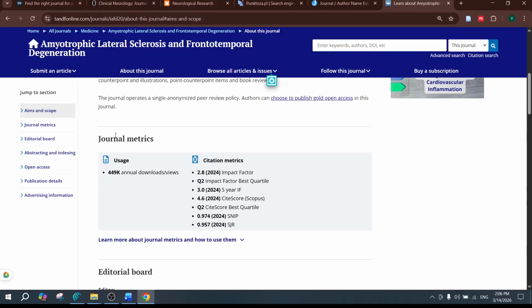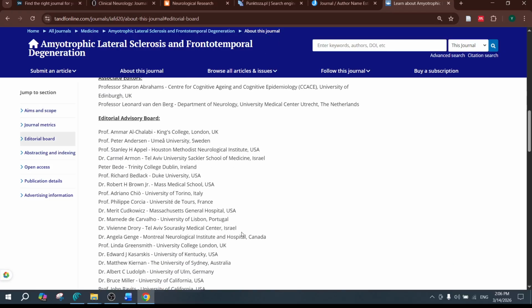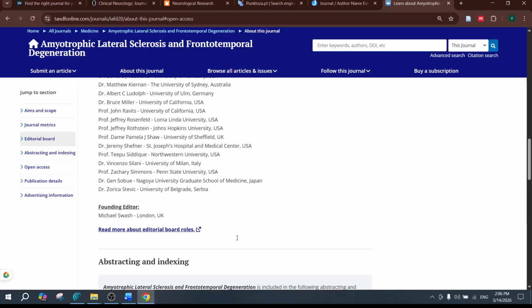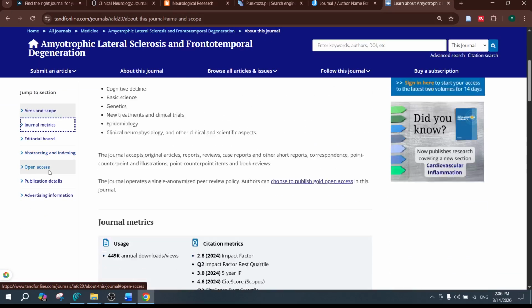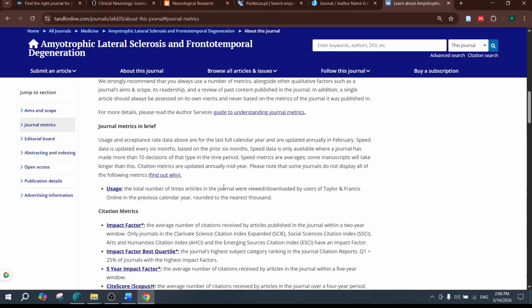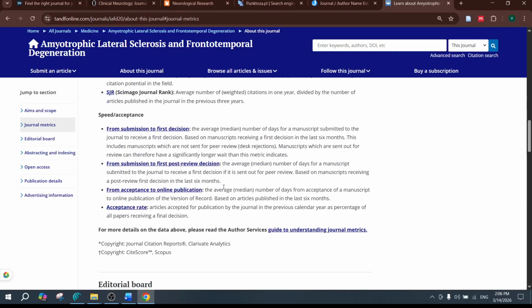Then you can go to the journal metrics, where you can see the impact factor of the journal. You can see the information related to the quartile, and let's see where they reported the speed, acceptance from submission to first decision. Okay, let's see.